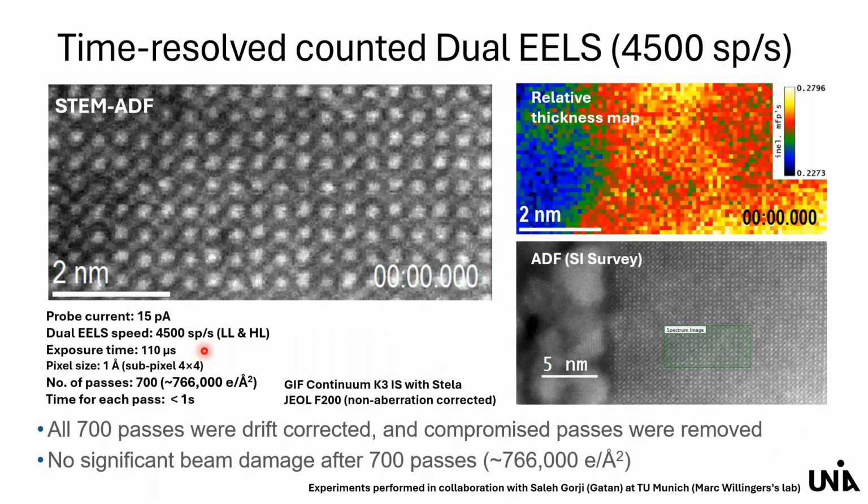Since the frame takes about 1 second to record, within this 1 second the sample is moving less than 1 unit cell, and therefore you can lock at this place and you don't move around. That's only possible with very low pixel times and very fast acquisition.